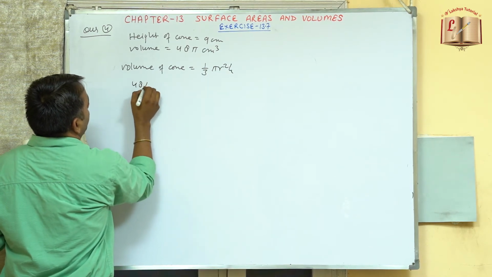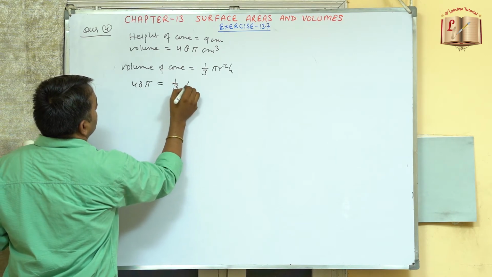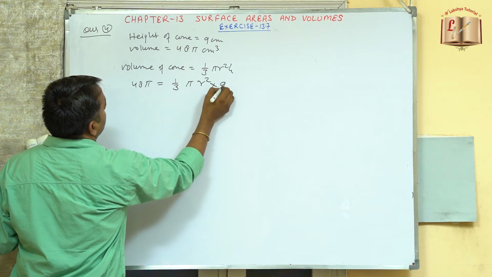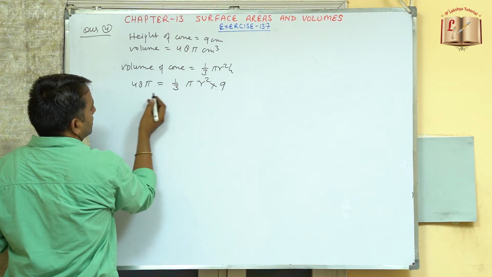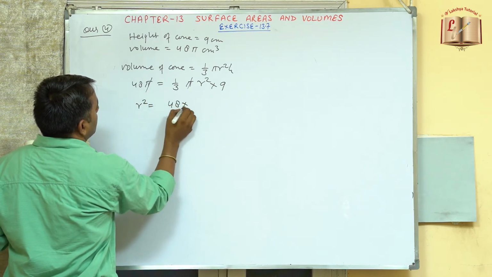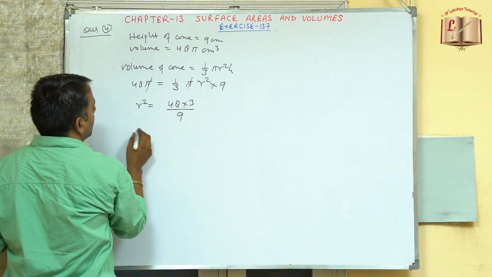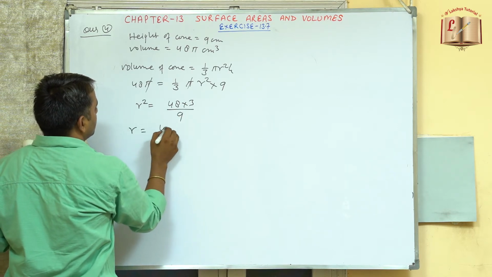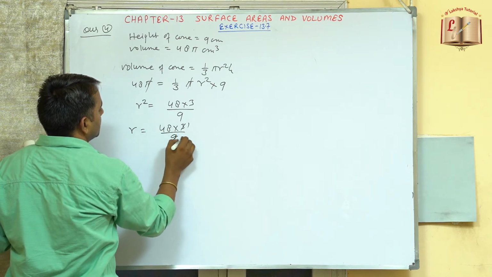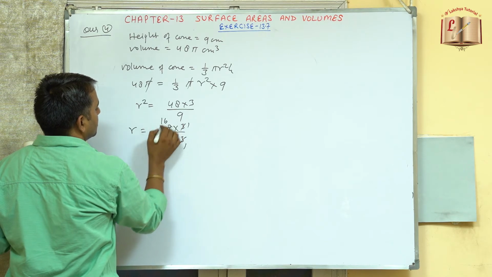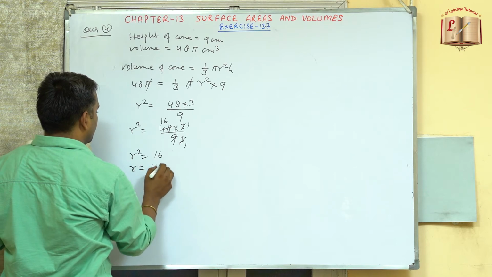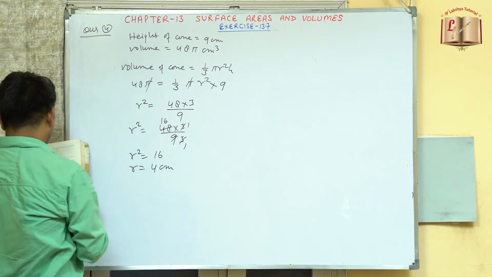Volume is given as 48 pi. This is 1 upon 3 pi r square, which we need to find out, into h which is 9. So pi cancelled. So r square will be equal to 48 into 3 divided by 9. 3 ones are 3, 3 threes are 9, 3. Then this will be 16. So r square equals 16, or r will be equal to 4 centimeters. So we got r as 4 centimeters.